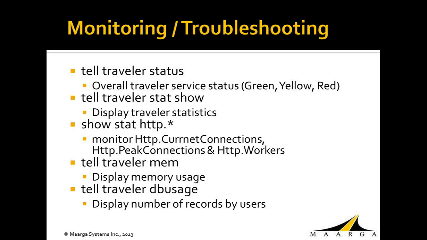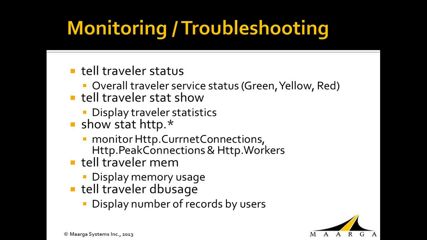Also watch out for the normal HTTP statistics, like HTTP current connections, HTTP peak connections, and the HTTP workers, and make sure they are all staying at the expected level.